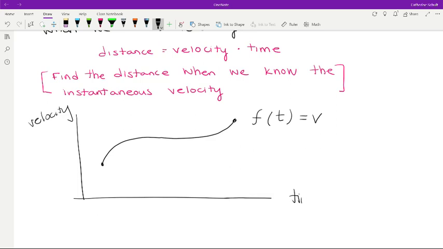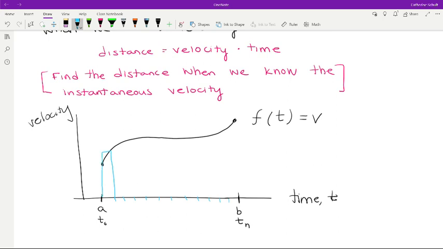This is time. Okay, so we have A to B, and these represent times. And we can create our n rectangles.